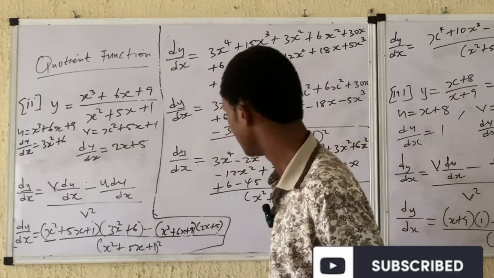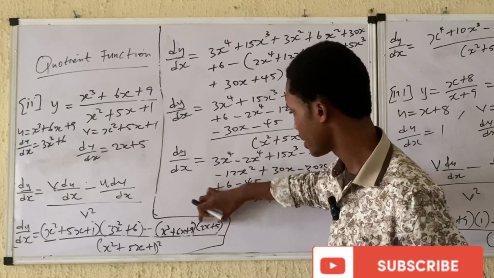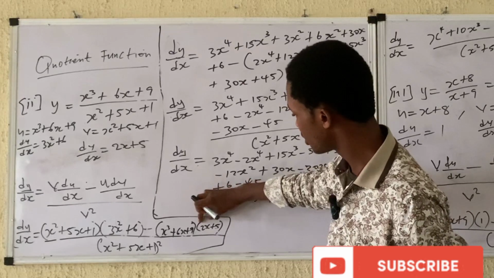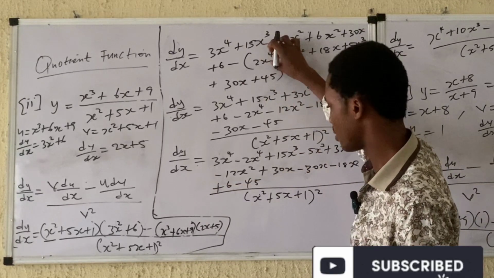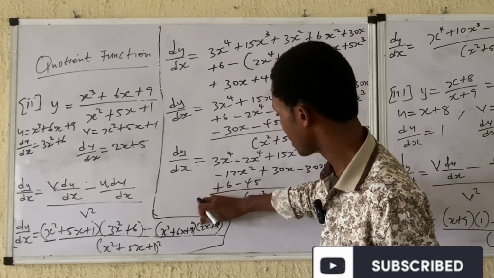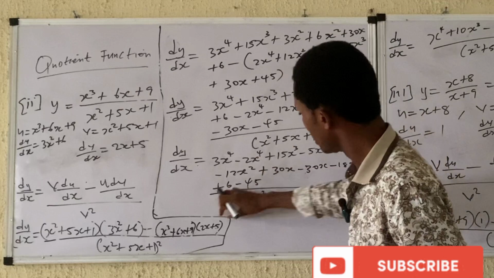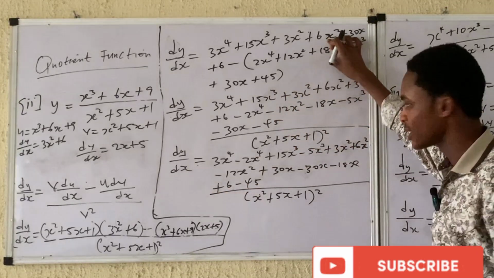Now the negative sign. We use this bracket to multiply this one as well, which we did for the first one. 2x multiplied by 3x squared will give you 6x to the power 3. 2x multiplied by 6x will give you 12x to the power 2. 2x multiplied by 9 will give you 18x.